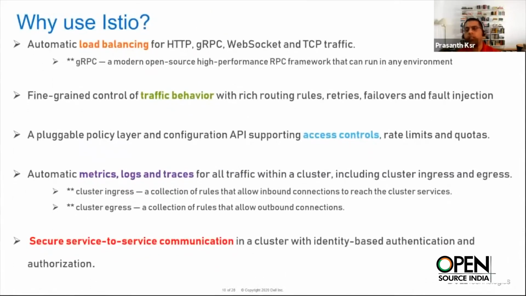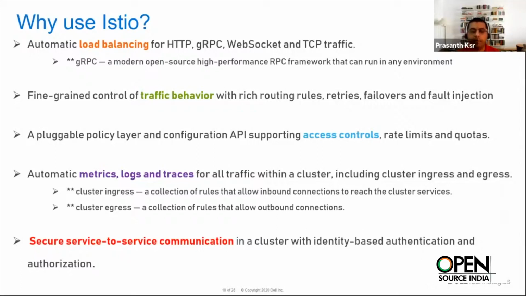Then let's look at the various W's of Istio. Now that we have seen what Istio is, let's see why use Istio. These are the key features supported by Istio, which will be used to solve the challenges and limitations we discussed on microservices: load balancing, traffic behavior, access controls, metrics, logs, tracing, and security on service to service communication.